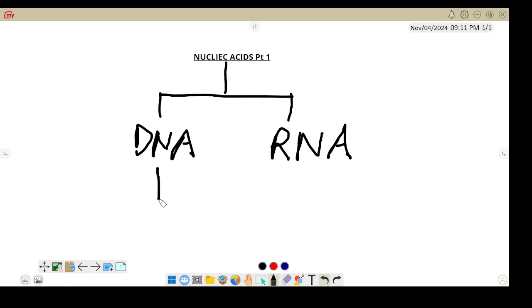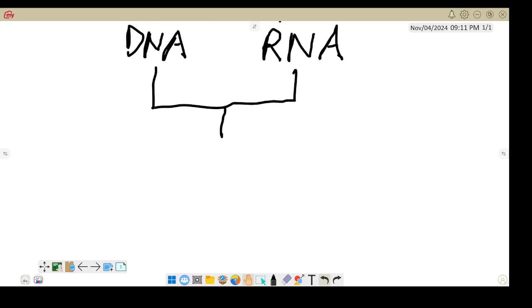Yeah, so in DNA and RNA, under both of these now, we have nucleotides.